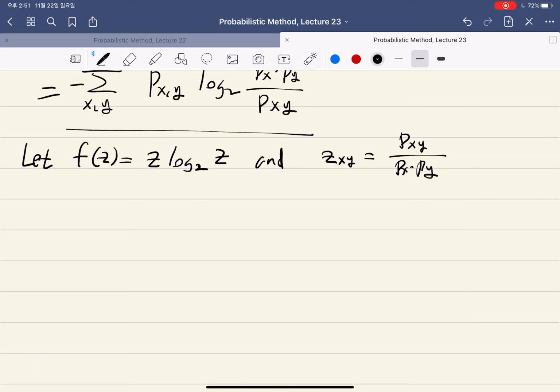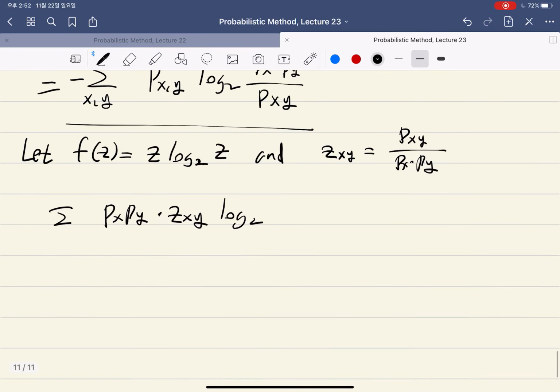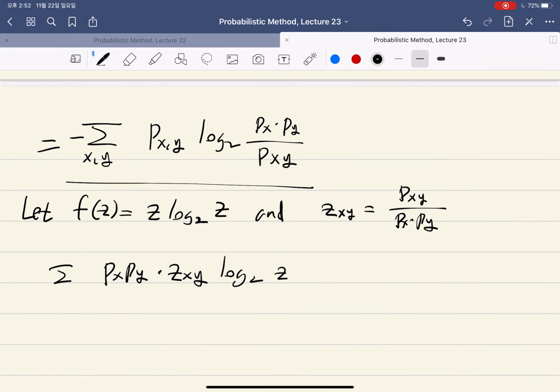You can write this as a summation of px, py times gxy log gxy.